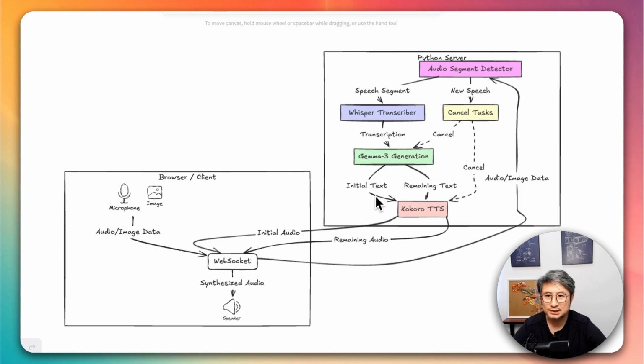And here we will see the parallel processing that I introduced before for streaming handling to accelerate the response speed. And here is a cancel task that's triggered by new speech during the processing of the old speech, used to handle the interruption scenario. Then all the text output goes to the Kokoro TTS module to make human-like speech and send this audio back through the WebSocket connection to the client.